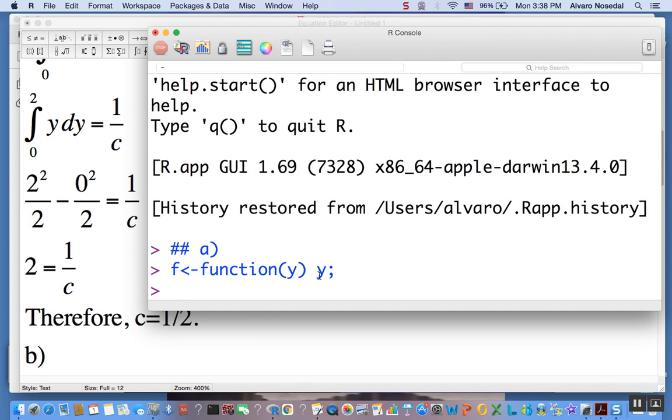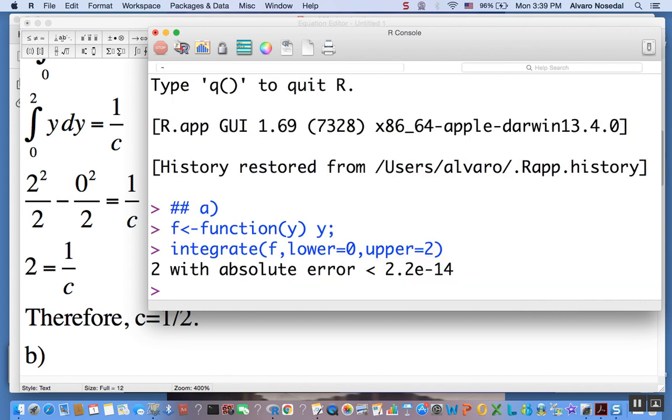Now this is our function f, which is just, in this case, y. Let's integrate that function f. The lower limit is 0. The upper limit is 2. See what happens. The integral from 0 to 2 of y dy is 2.